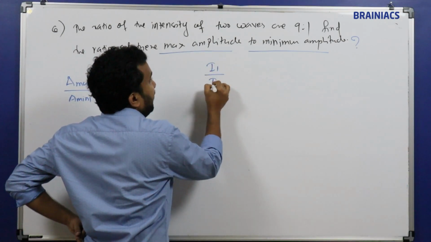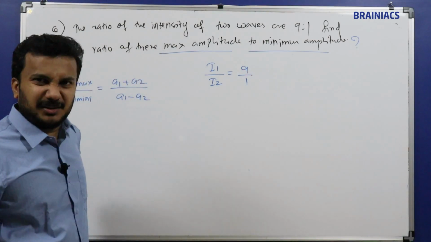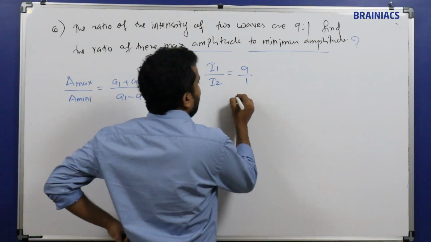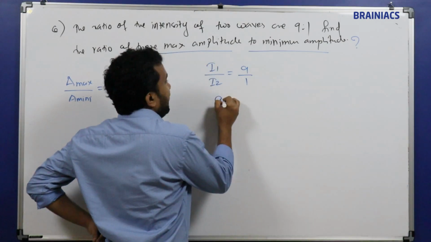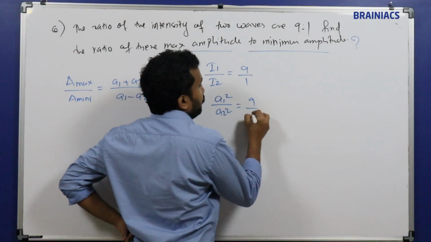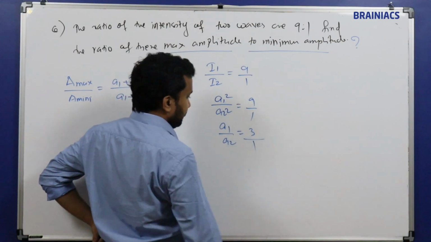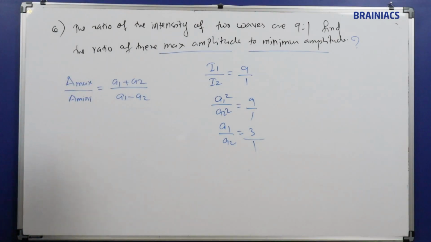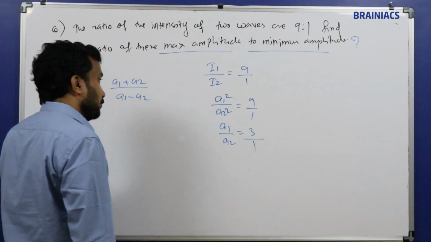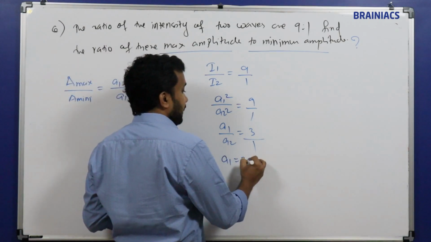I1 by I2 is 9:1. I1 is actually a1 square, right? So I can say a1 square by a2 square is equal to 9:1. So a1 by a2 is equal to 3:1. That's the ratio. Now we know a1 is equal to 3 times a2.